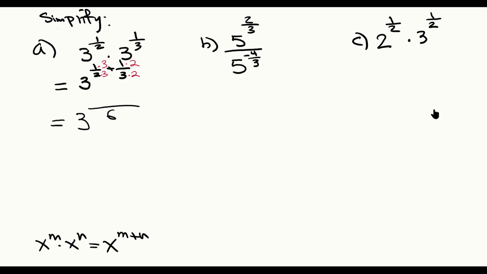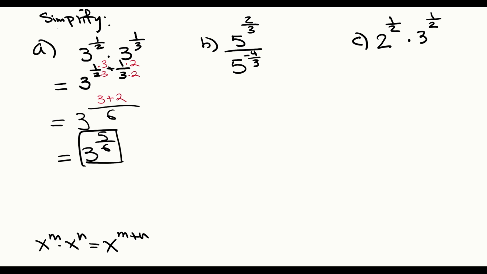So we end up now with both denominators being 6, so they're now like fractions. We can combine the new numerators, which are 3 and 2. So we get 3 plus 2. I'll go back to black. So we get 3 to the power of 5/6. That's how we handle those.